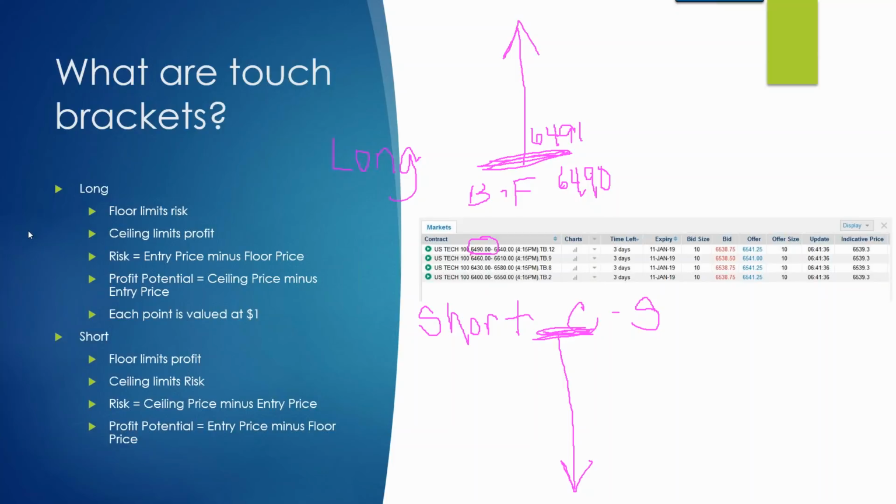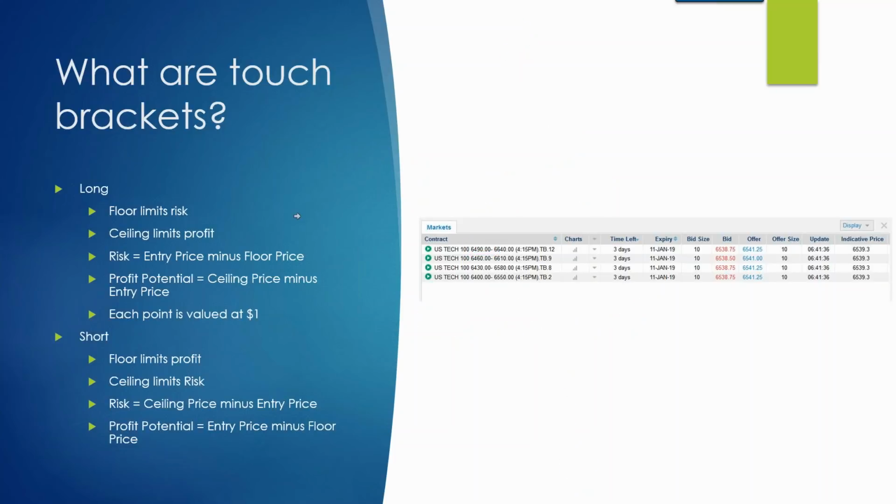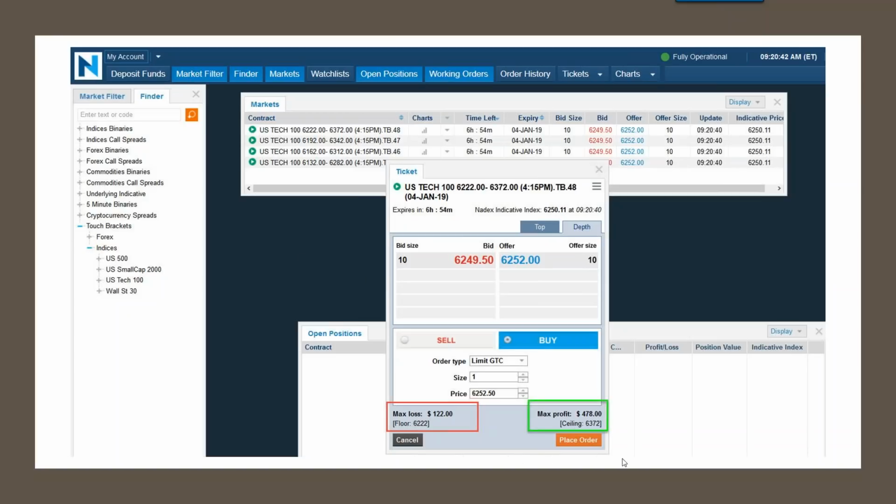All right, so let me take all of these off and go to the next slide. This is an example. I don't really worry too much about calculating the price, whether it's on risk or on profit, because when you enter the market and pull up the ticket, you take the time to read the ticket.